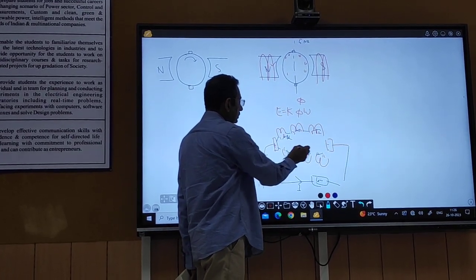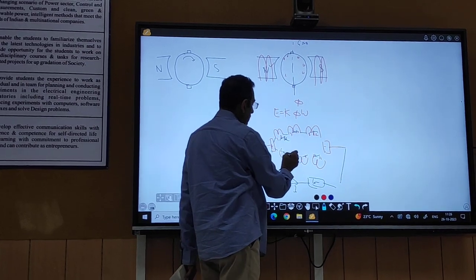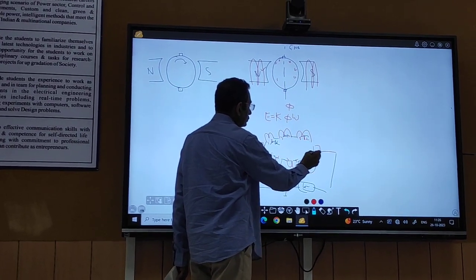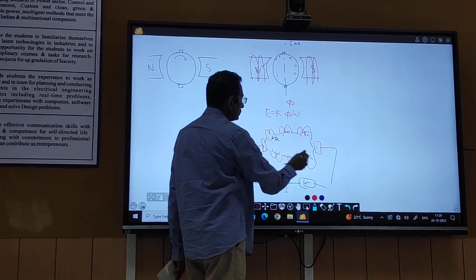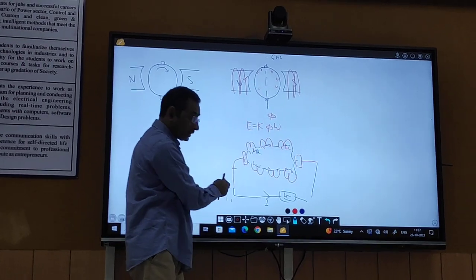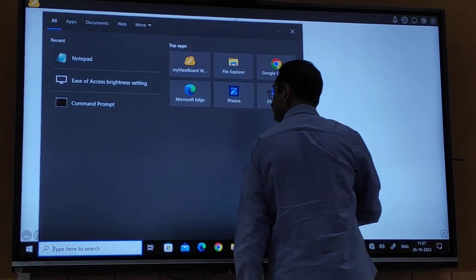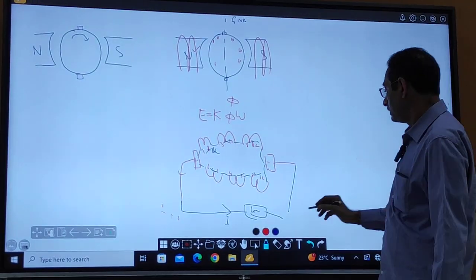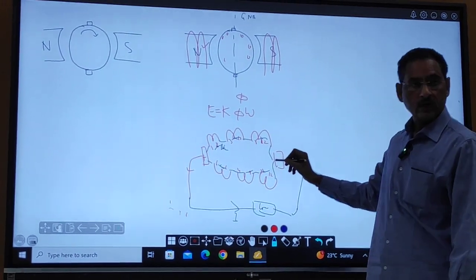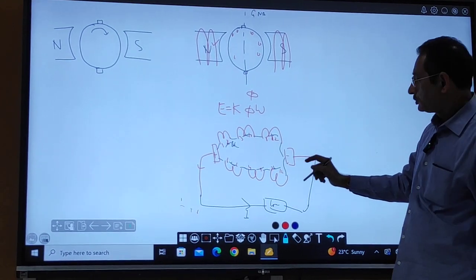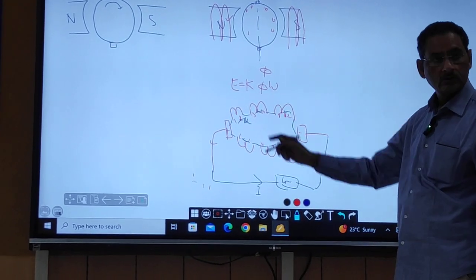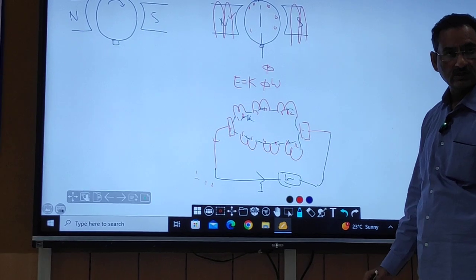This and this total current are connected. So the current coming out from the brush is I, it returns back and goes through the negative brush. In this way, this is the direction of current flow.